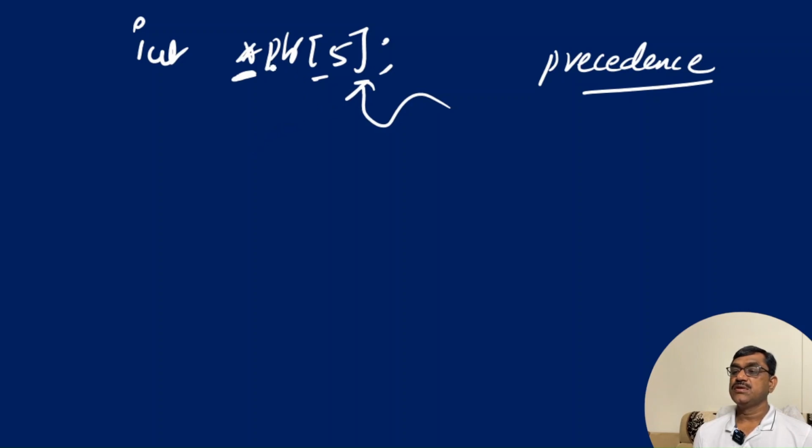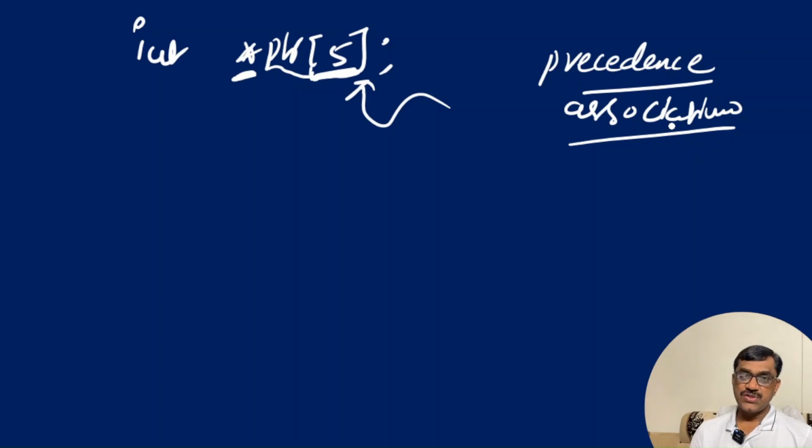That means you take ptr as an array. Don't treat ptr as a pointer. First, you give the preference to the square brackets. What do you mean by precedence? Precedence refers to the concept called associativity. Associativity mainly determines the order in which the operators or operands are evaluated.